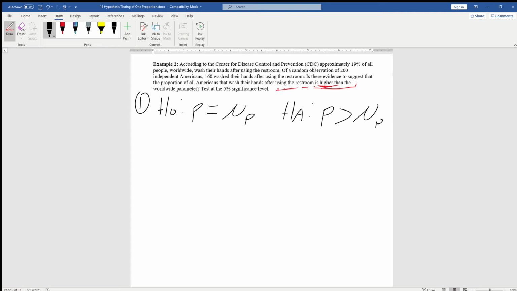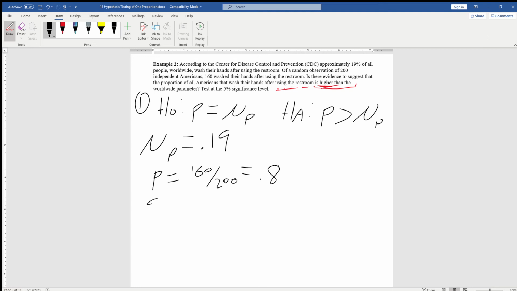Collecting the variables, the population proportion is 19% reported by the CDC. So mu sub P is 0.19. P is going to be equal to 160 out of 200. And if we type that in our calculator, that should be 0.8, which it is.